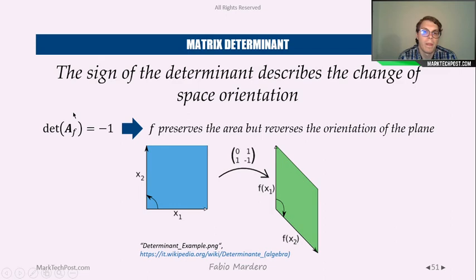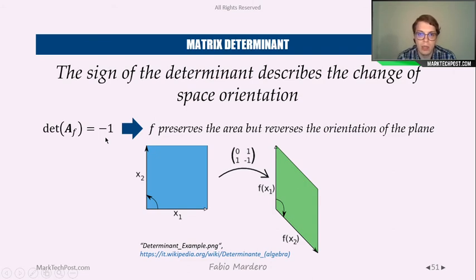But let's take a look at this transformation and what it does to these two vectors. As you can see, x1 is below x2 and f of x1 is above now. If you compute the determinant of this function, we can see that it's equal to -1.